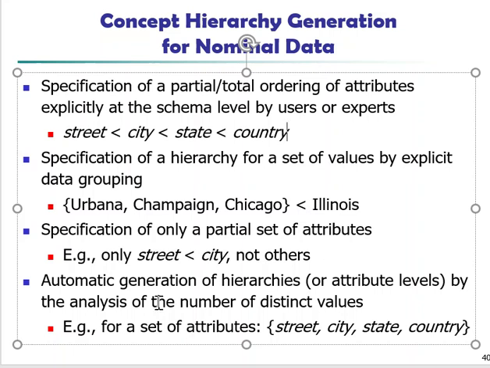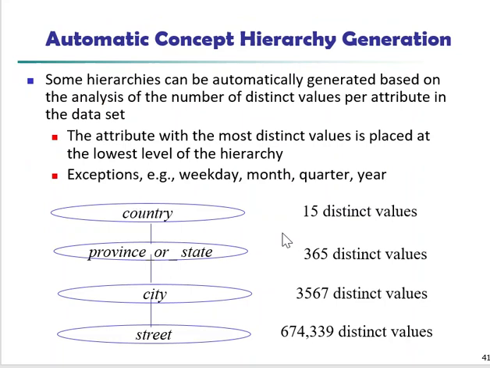We can also automatically generate some of the hierarchy. This is an example that's discussed in the book. This is a heuristic approach, and there are counterexamples. In a relational database, if you have the fields country, province or state, city, and street, you're going to find many more instances of street than cities, of cities than states, of states than countries.